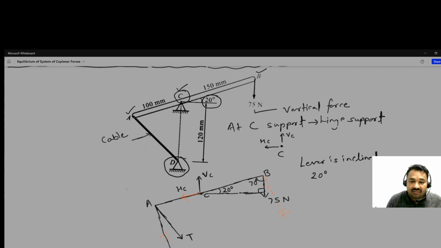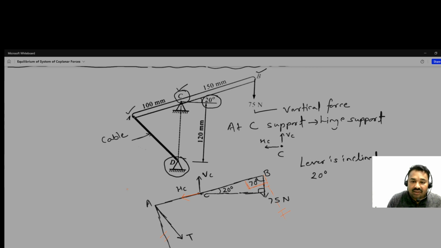This is perpendicular, it is perpendicular to this.